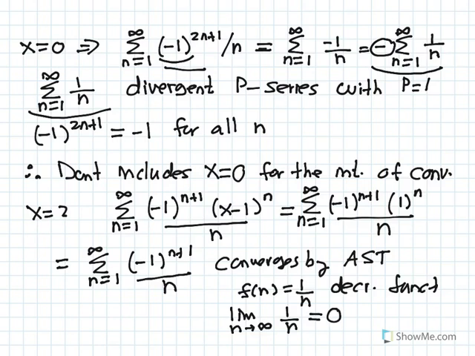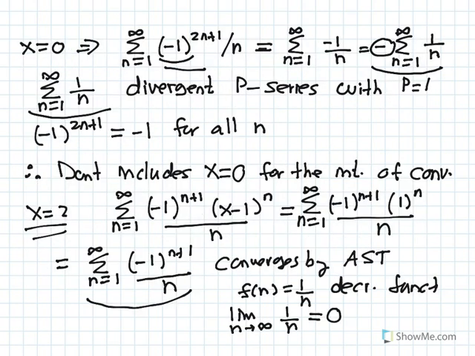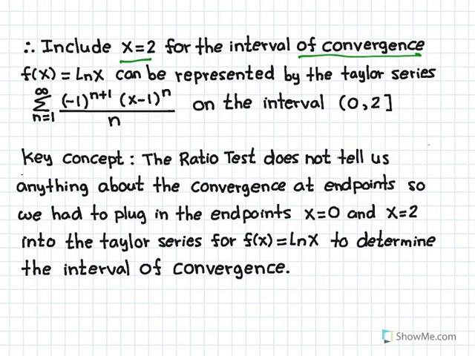Because it satisfies the conditions of the alternating series test, this series converges at x equals 2. So basically, we include x equals 2 for the interval of convergence, but we exclude x equals 0. Recall at x equals 0, the series was a divergent p-series with p equals 1. So include x equals 2 for the interval of convergence.